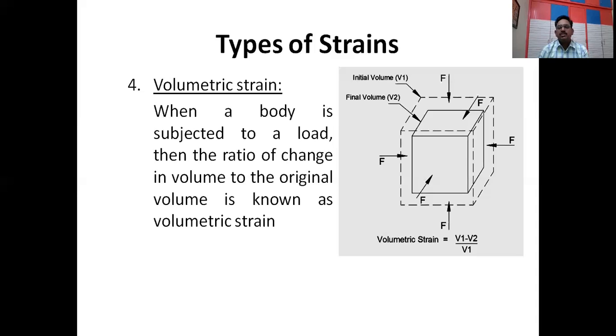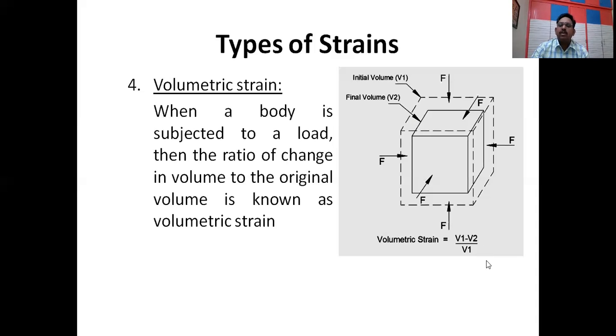Then the change in volume to its original volume is called the volumetric strain. For example, here it is the initial volume and this is the final volume, and the change is V1 minus V2.